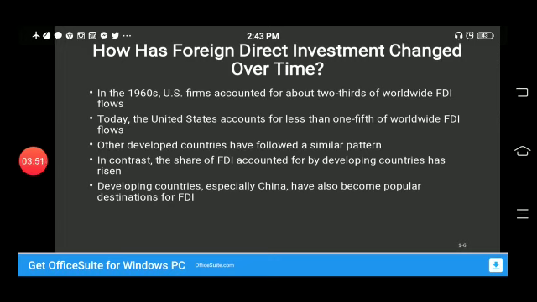As you might expect from our earlier discussion, developing nations like China have also become important destinations for foreign direct investment flows. My Dollar Store, for example, has been able to take advantage of the emerging middle class in India. The company opened its first store in Mumbai in 2004 and has not looked back since.